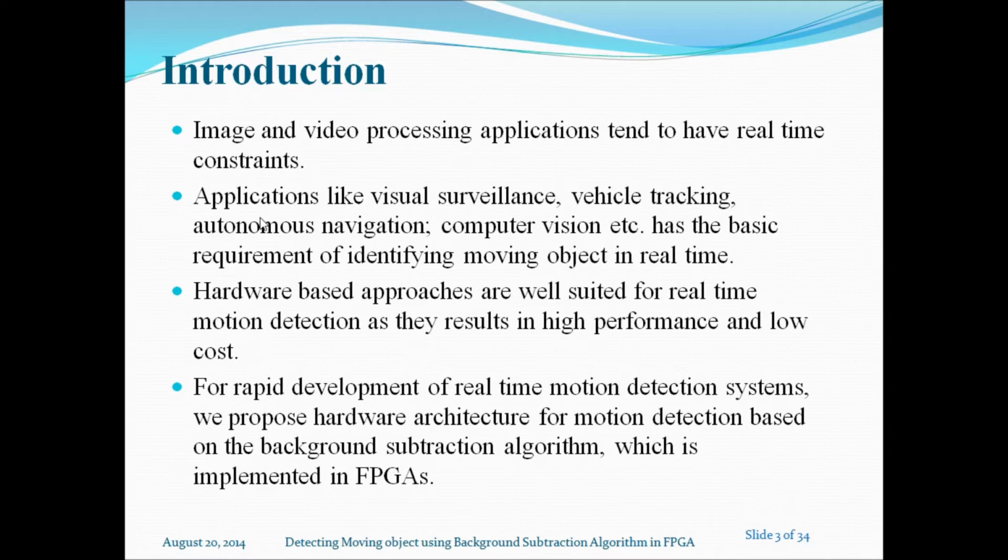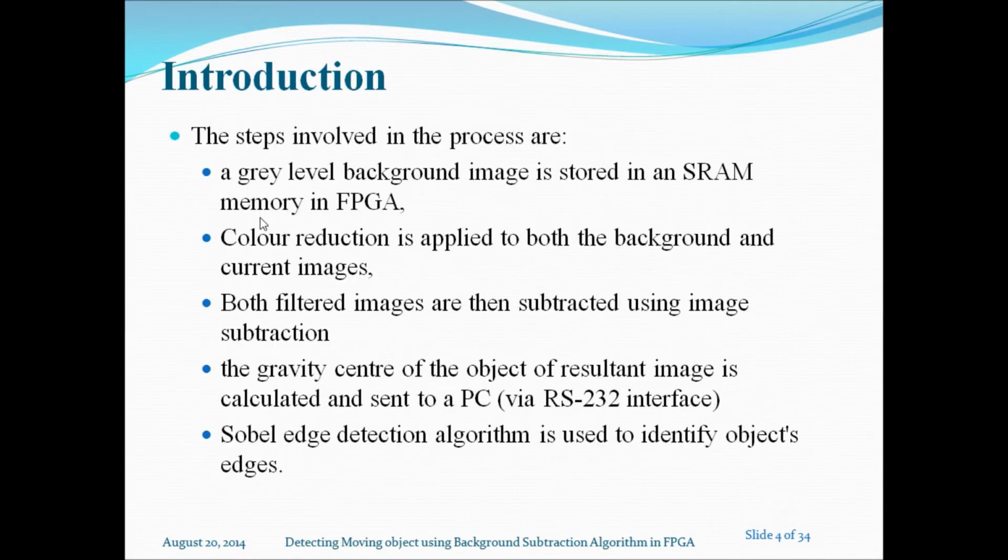In our work, we propose a hardware architecture for motion detection based on the background subtraction algorithm, which will be executed in FPGA. The steps involved in the process are listed below. First, we load the gray level background image from the SRAM in FPGA. Color reduction is applied to both background and current images.